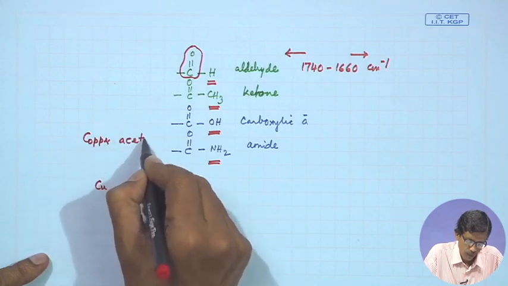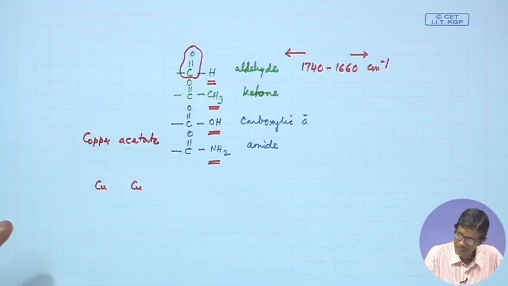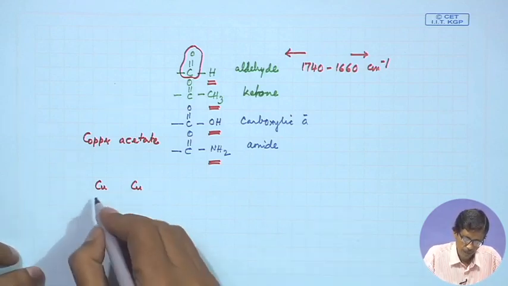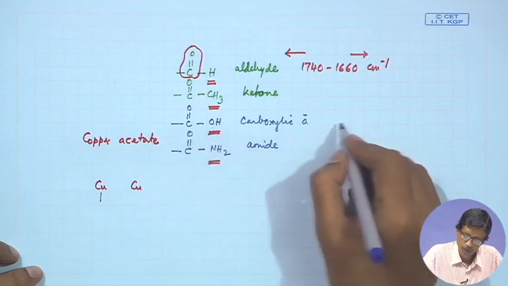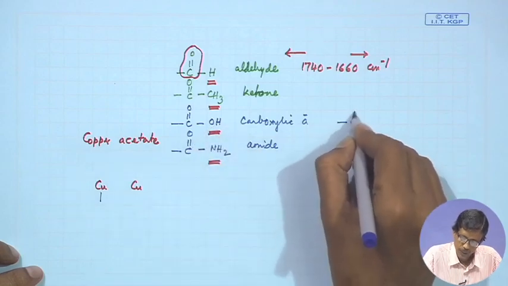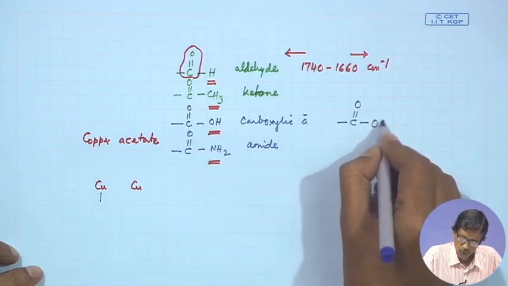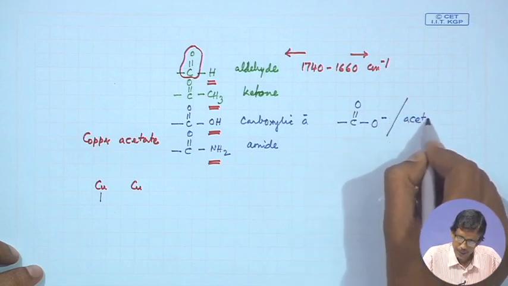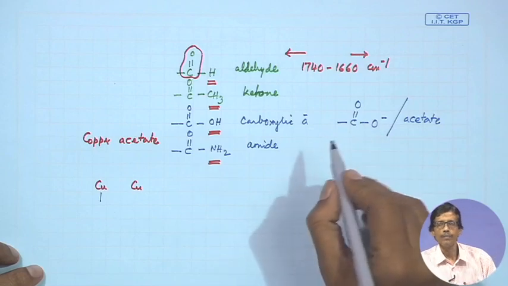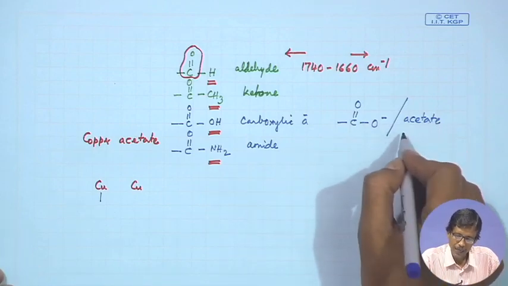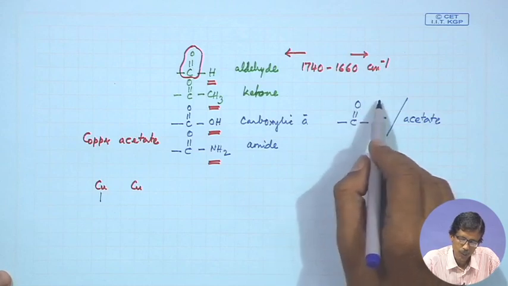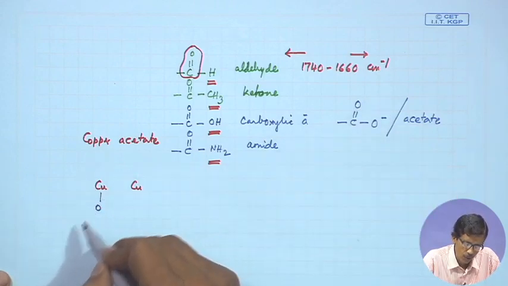What we know is that it is not a very simple acetate as it is supposed to be, but this carboxylate function, which is C double bond O minus, your acetate anion, is basically taking part in this coordination.